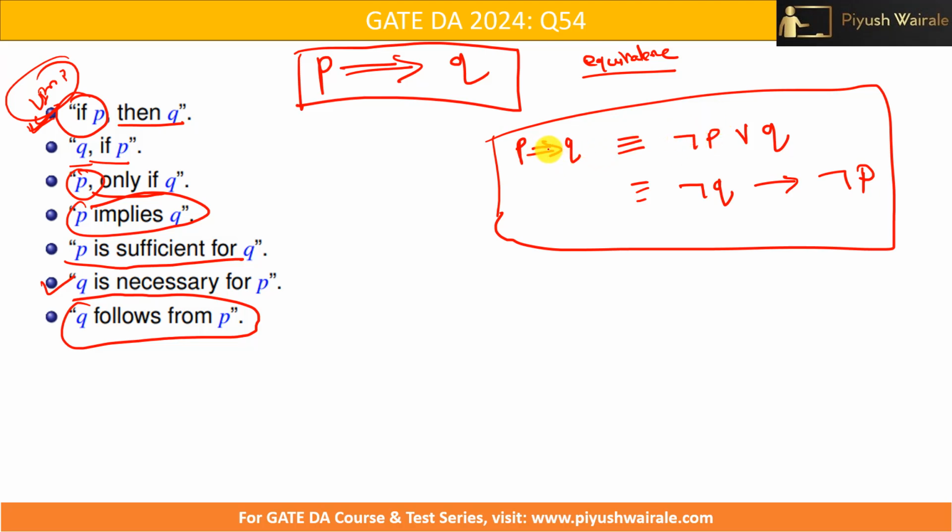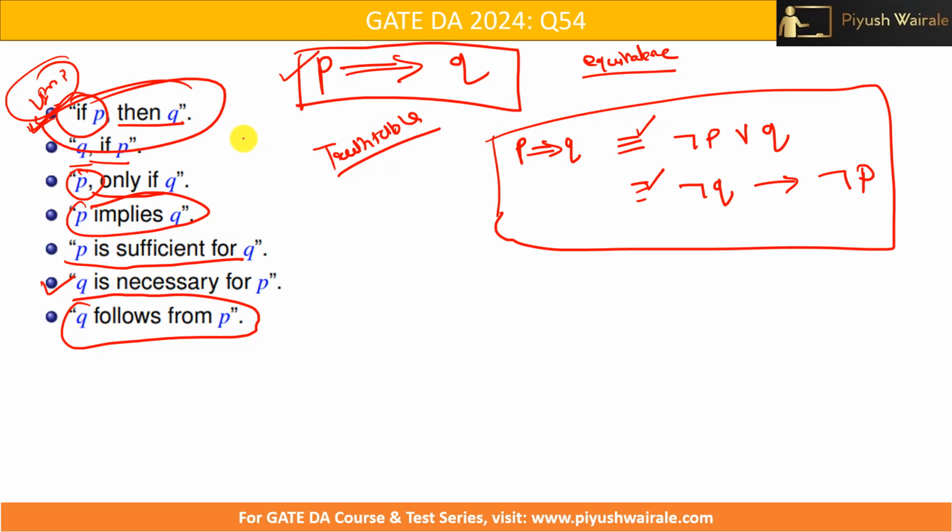Whenever you see the implies sign, try to convert and simplify it this way. The truth tables for these are the same. Also, you should know the truth table for the implies sign. If you understand that implies means if P then Q, along with these two properties, that is enough to solve any question based on it.